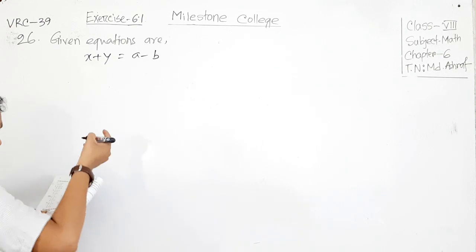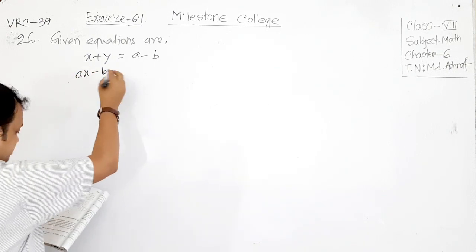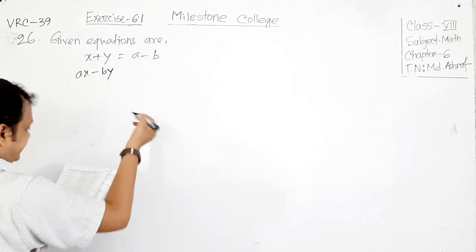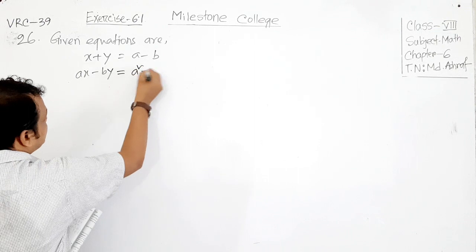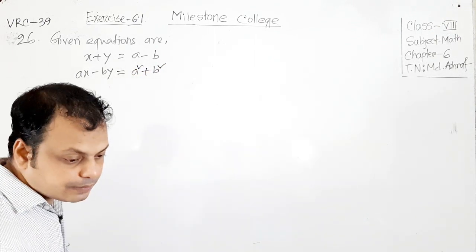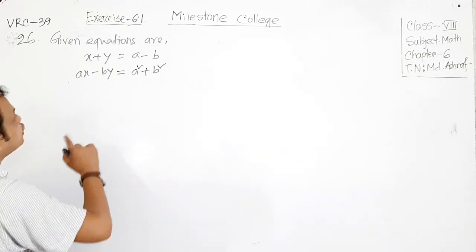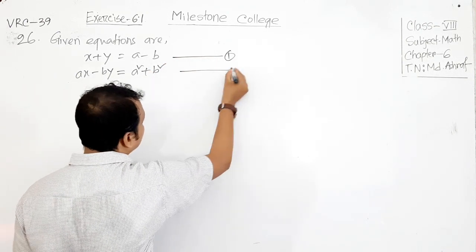This is one equation, and another equation is ax minus by equals a square plus b square. So these are the two equations. Mark them equation 1 and equation 2.